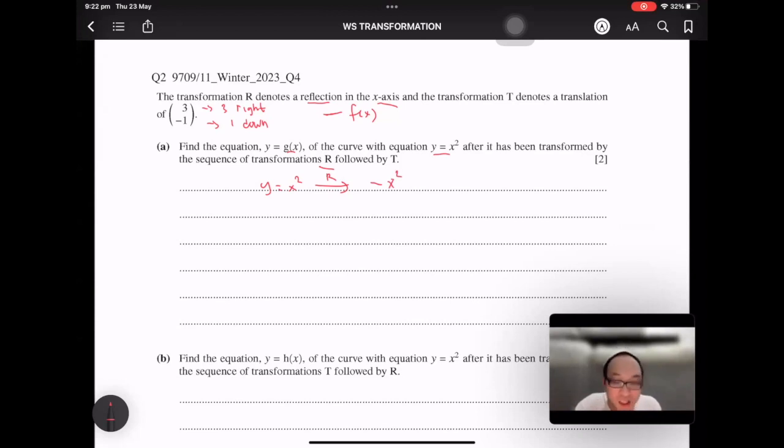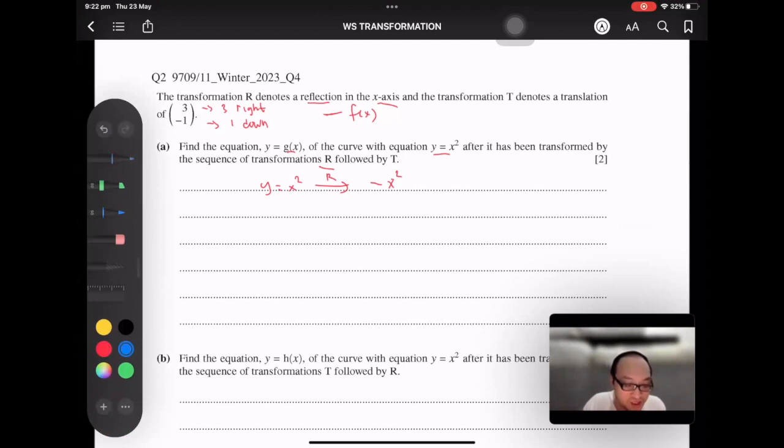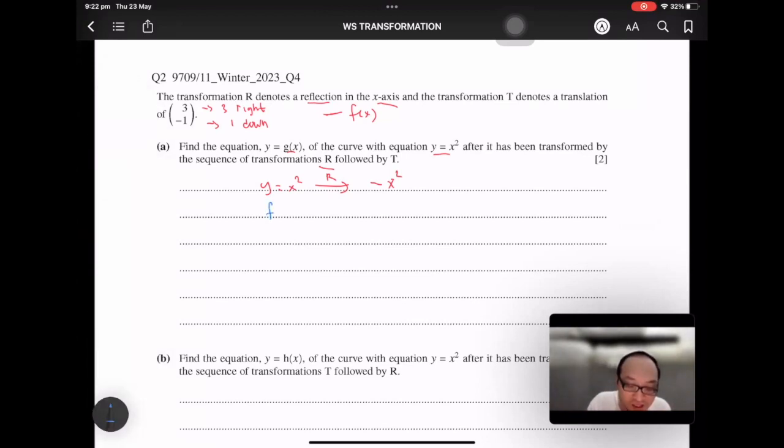And then we translate by 3 and negative 1. So if I write this one is f(x), this one is negative f(x). And the next one will be negative f(x minus 3).